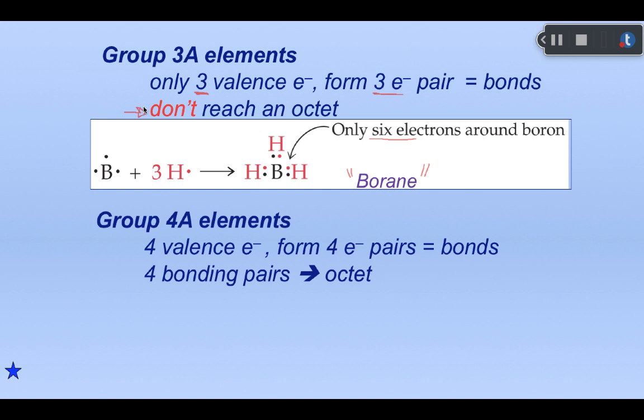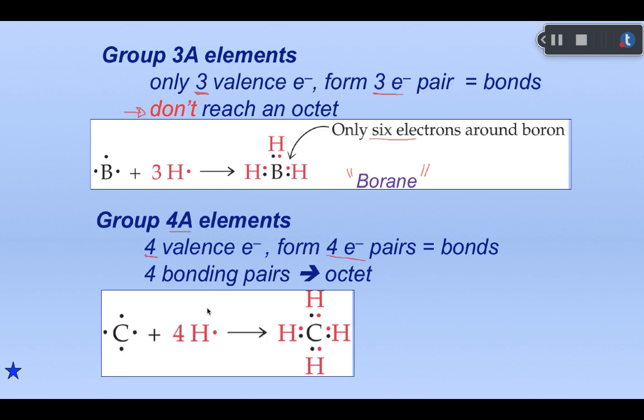So group 4A elements, what's next to boron would be carbon. Anything in group 4A in a general sense has 4 valence electrons, just like the group number, and that means you're going to look to form 4 electron pairs, aka bonds. 4 bonding pairs makes an octet. So if you put carbon with 4 hydrogens, a simple compound there, then you will have an octet around the carbon.